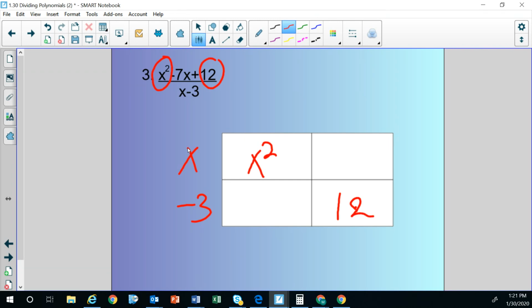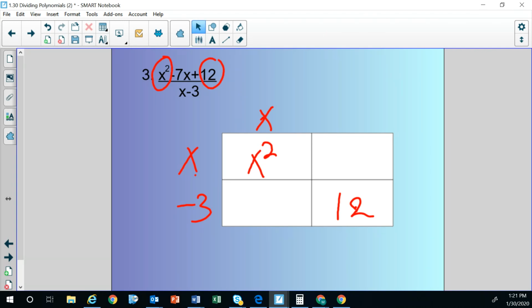All right. So we need to find what goes here. Again, what term, when multiplied by x, gives me x squared? That term is x, right? So x times x is x squared. All right. Let me erase this. So I'm going to go to 12 now.